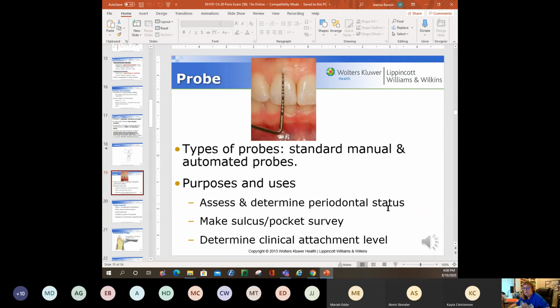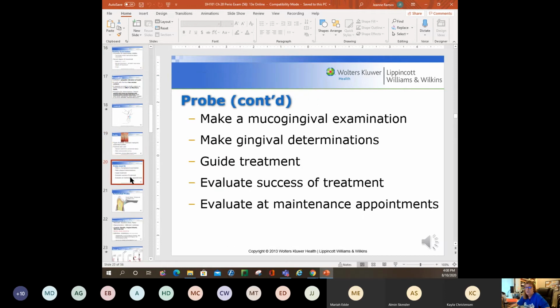So here are your probes. They have standard, manual and automated probes. It determines a lot of things. Like those tapes said, it measures pocket depth, recession, and mucogingival involvement. It measures quite a few things that you'll be learning as we go along.